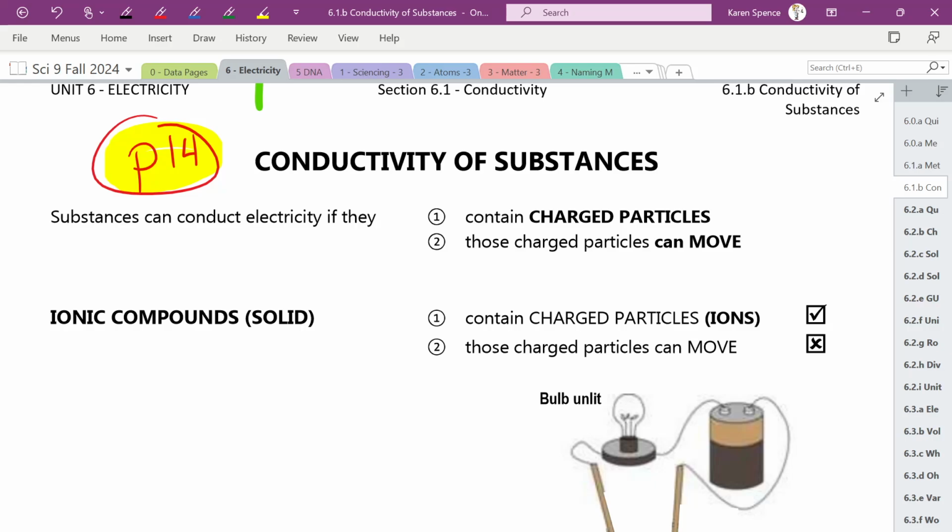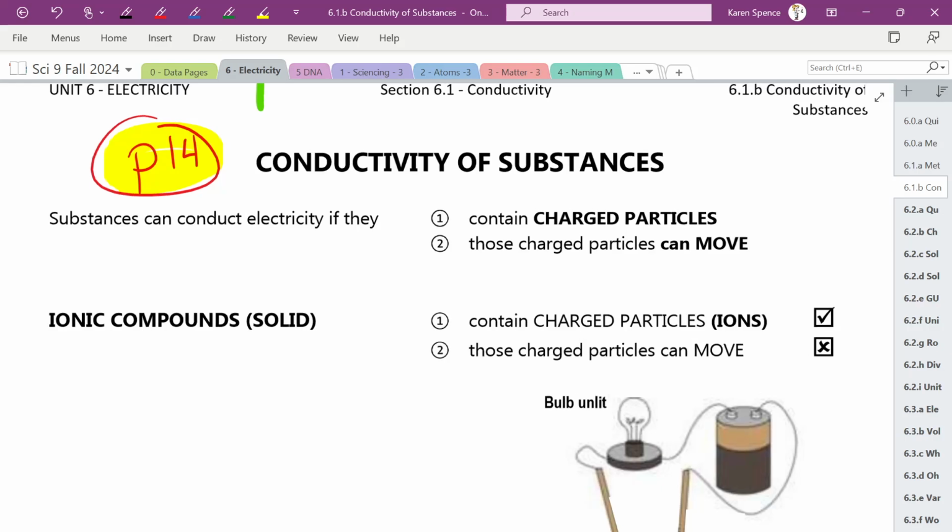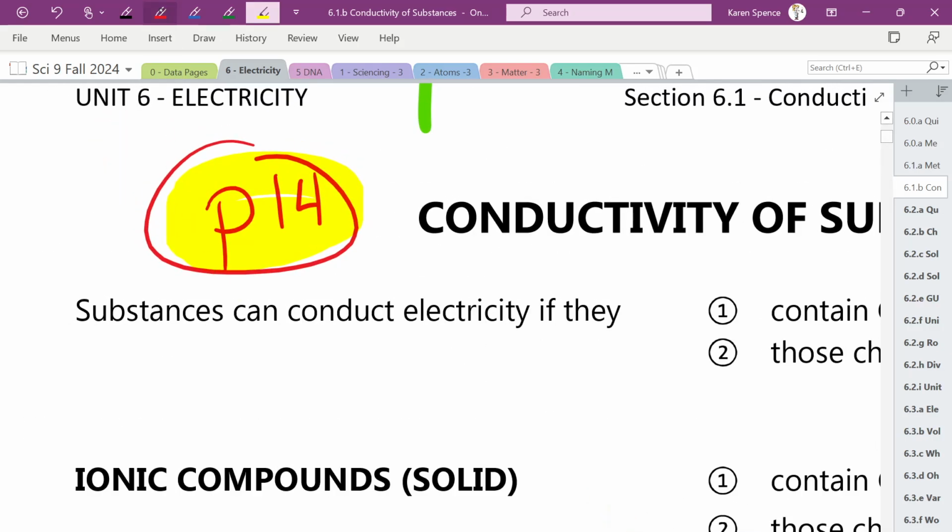Conductivity of substances. Substances can conduct electricity if there are two things.